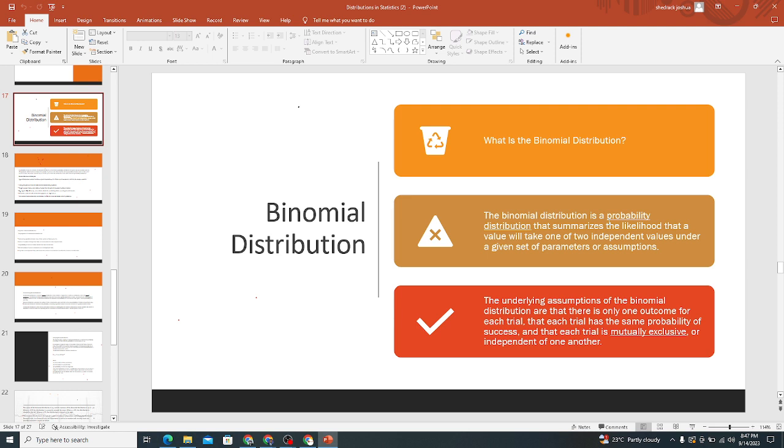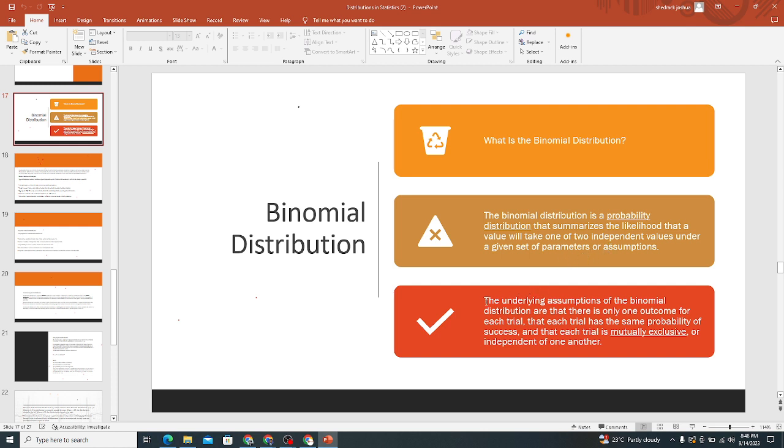Meaning here we only have two outcomes. If we are tossing a coin, we get either a head or a tail. There is no way we can get both outcomes at the same time. We don't have any third outcome.